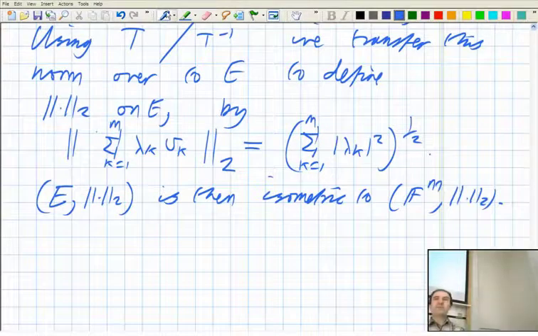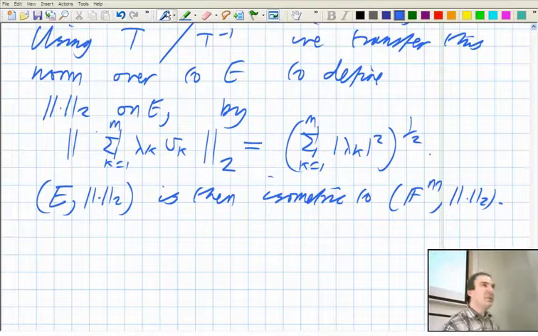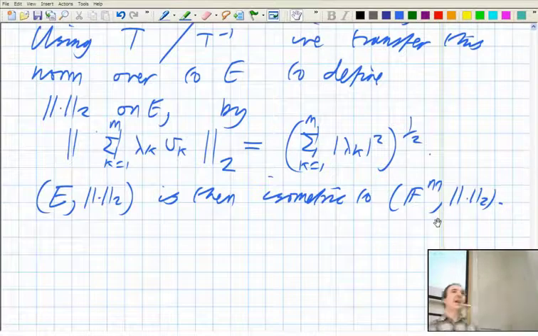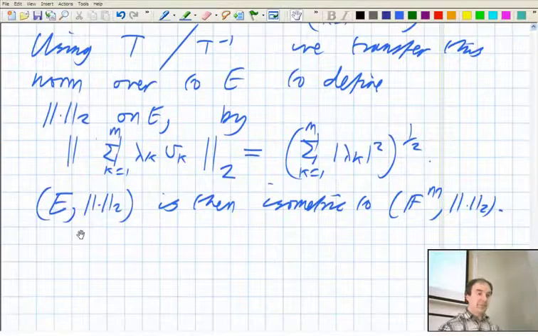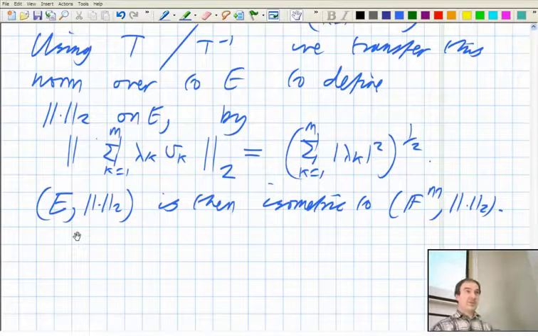And what do you get from that for free? If you put this particular norm on E, E is complete, because we know that F to the m with norm 2 is complete. And we know that the Heine-Borel theorem is true here, so it's going to be true in this isometric metric space. Heine-Borel theorem will be true, Bolzano-Weierstrass will be true, everything like that.